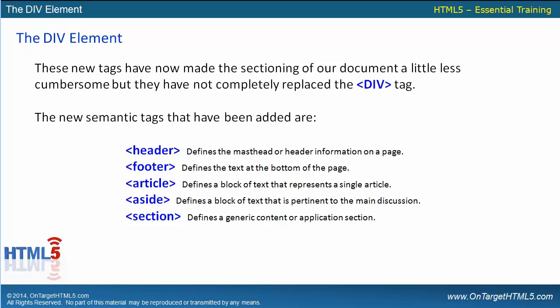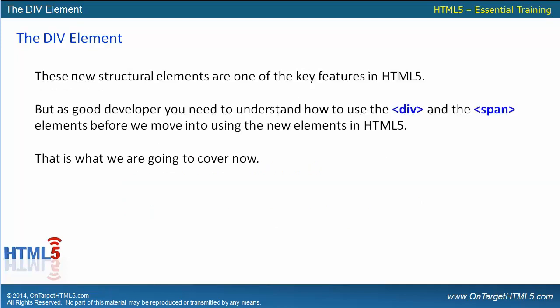The new semantic tags are the header tag, which defines the masthead or header information on a page. We now have a footer tag, which defines the text at the bottom of the page. We have an article tag, which defines a block of text that represents a single article. We have an aside tag, which defines a block of text that's pertinent to the main discussion of that page. And we have a section tag, which defines a generic content or application section of our web page.